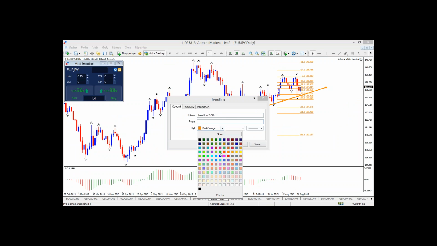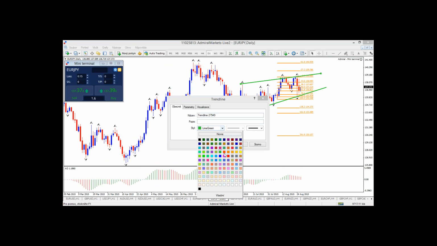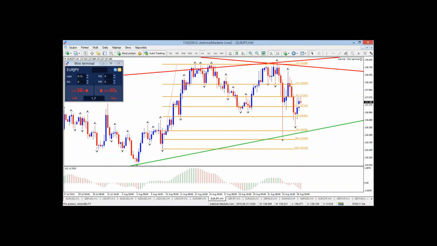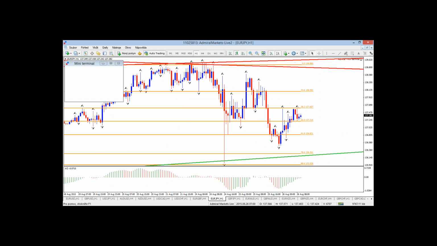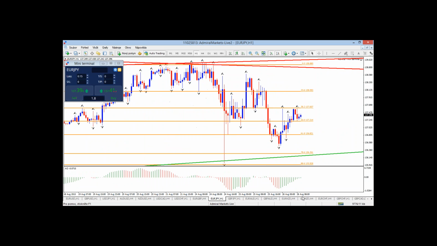Let's see. There's this support line. There's this resistance line. This resistance line. All right. Otherwise, we're still in more of a bullish territory, I would say, despite the weird kind of ups and downs that we've seen.